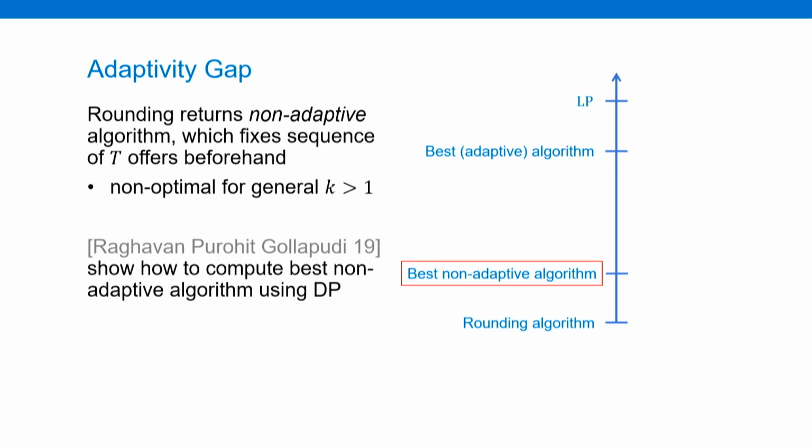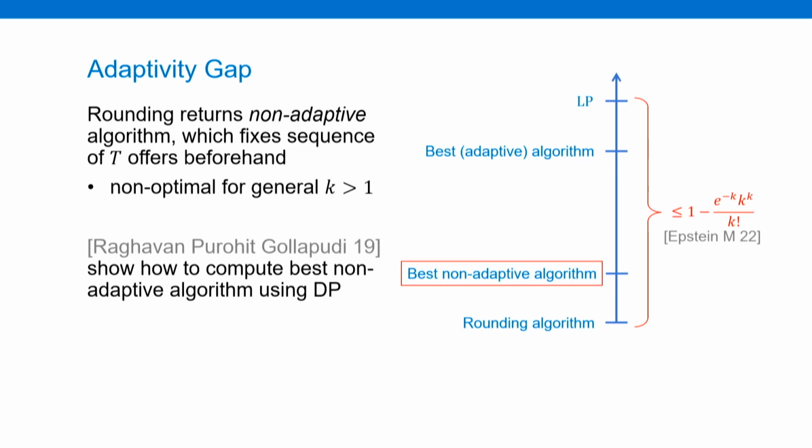But this analysis was actually a very simple way to compare what's called the adaptivity gap, which is the best non-adaptive algorithm compared to the best adaptive algorithm. If you directly try to compare these two, it's in general very difficult, and that's what the previous paper did. So this argument improves upon the previous guarantees, because essentially we're saying, OK, the best non-adaptive algorithm has to be better than this dumb rounding non-adaptive algorithm.